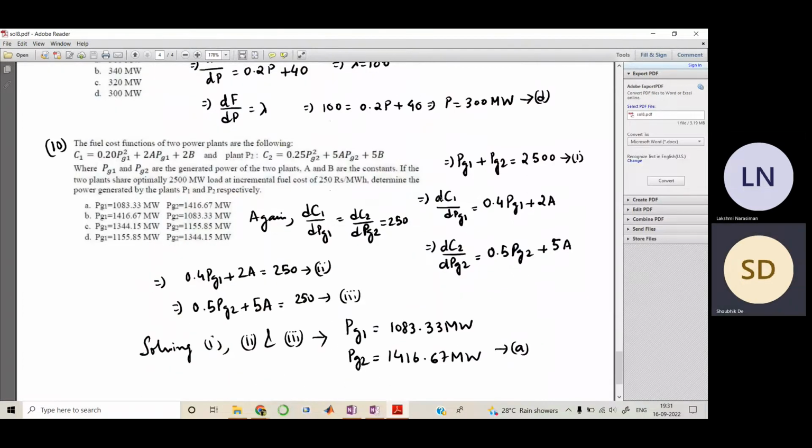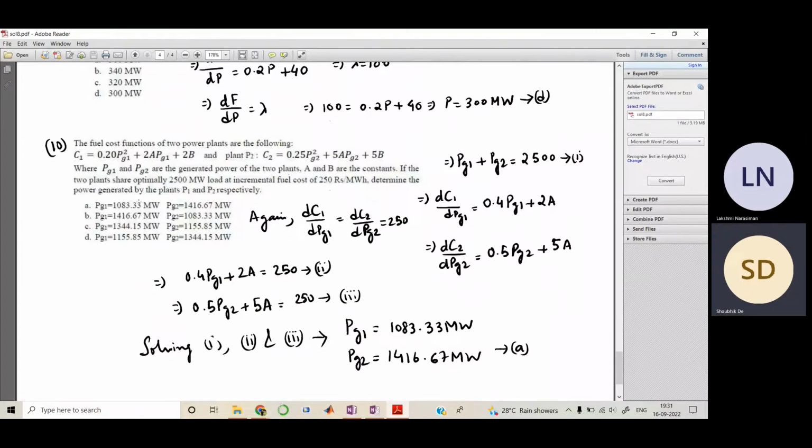Now coming to question number 10. The fuel cost functions of two power plants are the following, C1 and C2, where PG1 and PG2 are the generated powers of the plants, and A and B are constants.